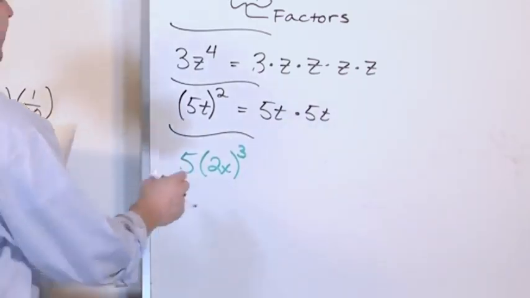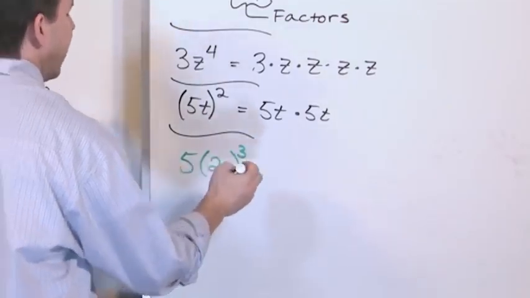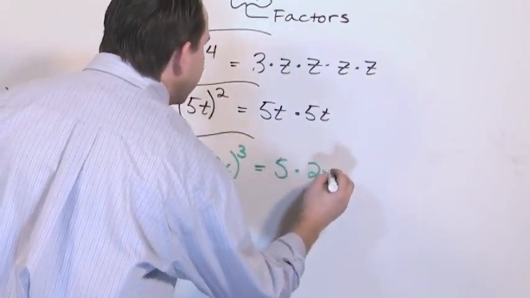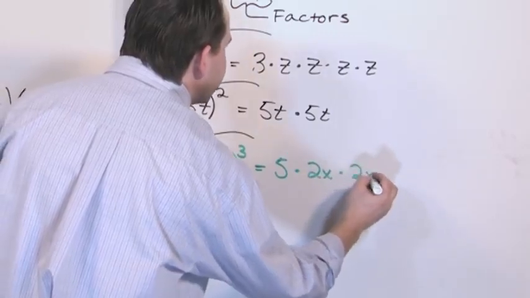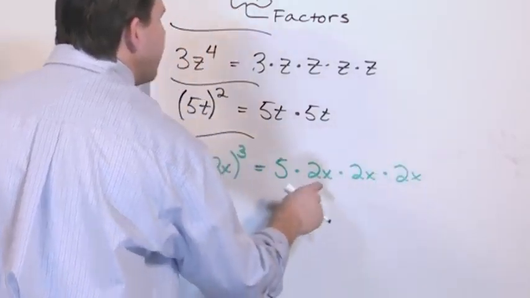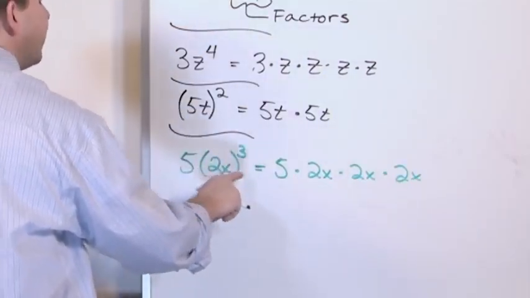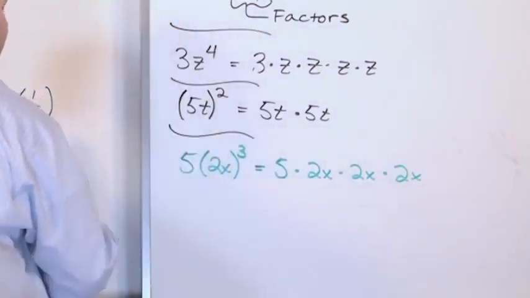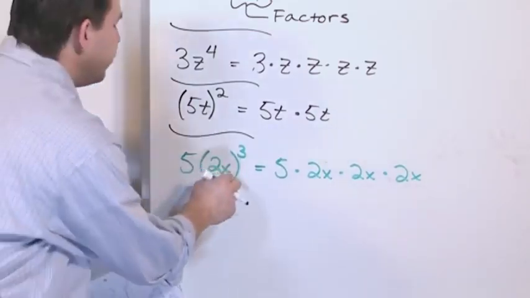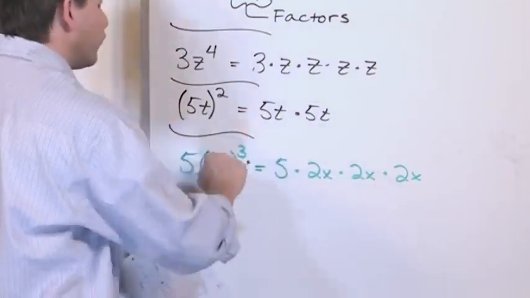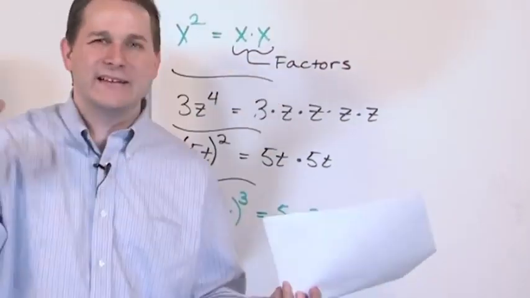And this is all raised to the 3rd power, so this is going to be 5 times 2x times 2x times 2x. I'm multiplying 2x times itself 3 times because that's the exponent. 5 is multiplied by everything because it's just sitting next to the parentheses there. And the exponent applies to the 2x as a whole unit because it's wrapped up in these parentheses, like a little sandwich bag.